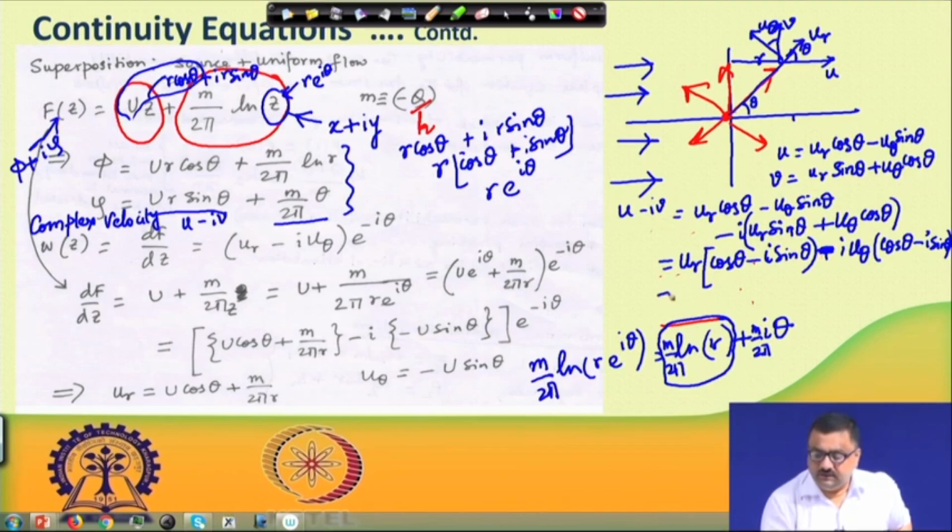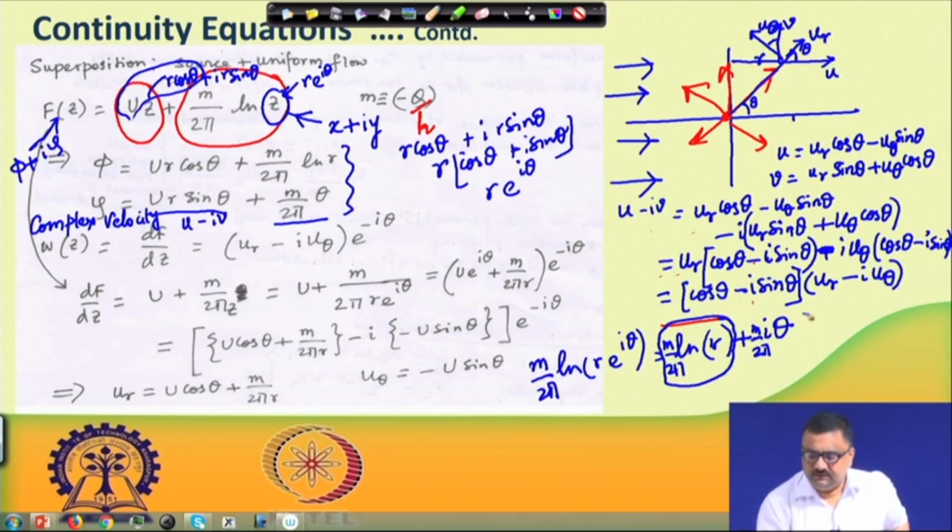So, what we did is we took cos theta minus I sin theta common, and on the other hand we have u r minus I u theta. And this cos theta minus I sin theta is written as e to the power minus I theta. So, this was e to the power minus I theta into u r minus I u theta.